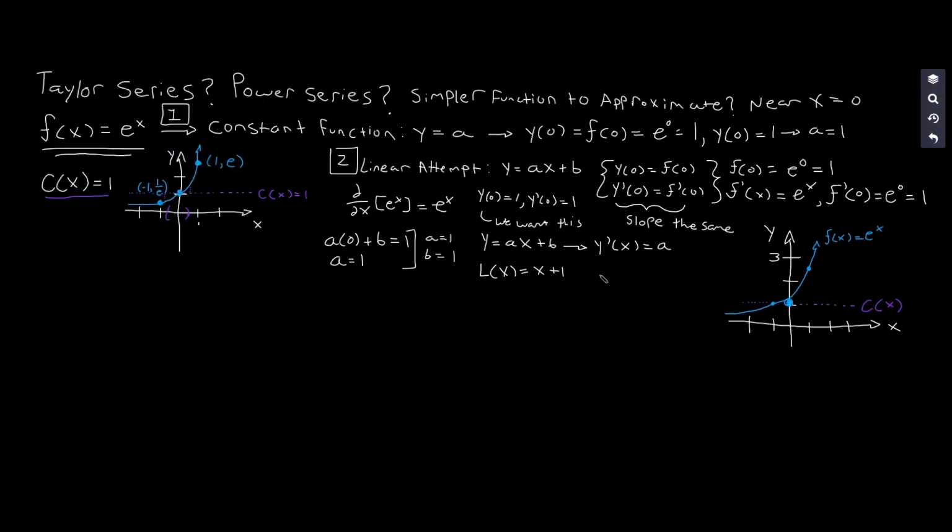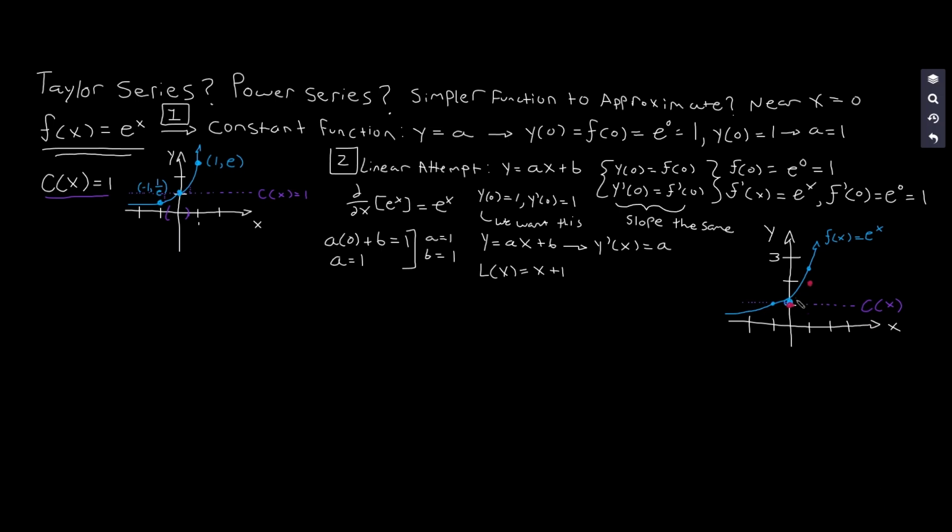And so we have x plus 1. So 1, right? That's going to intercept right here on the y-axis. And then the slope is 1. So we're going to go up 1, over 1. And it's going to be right here.